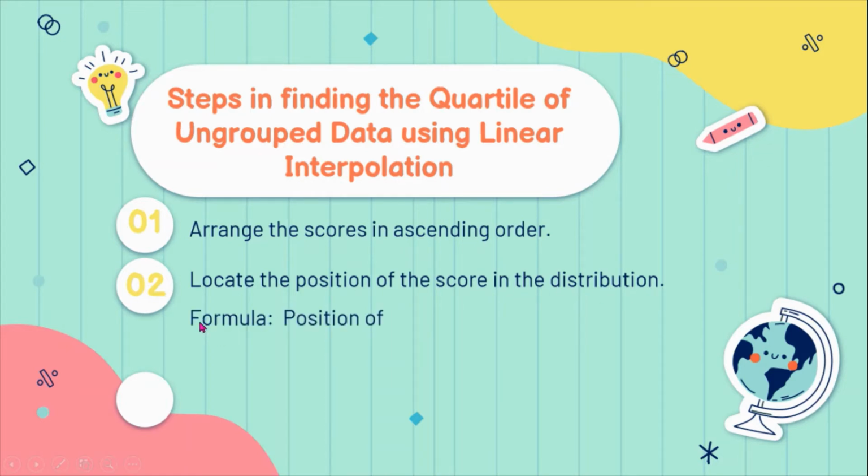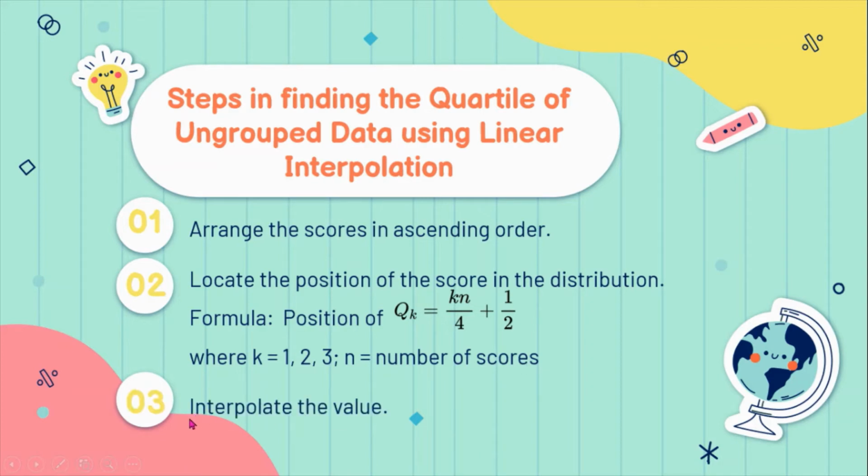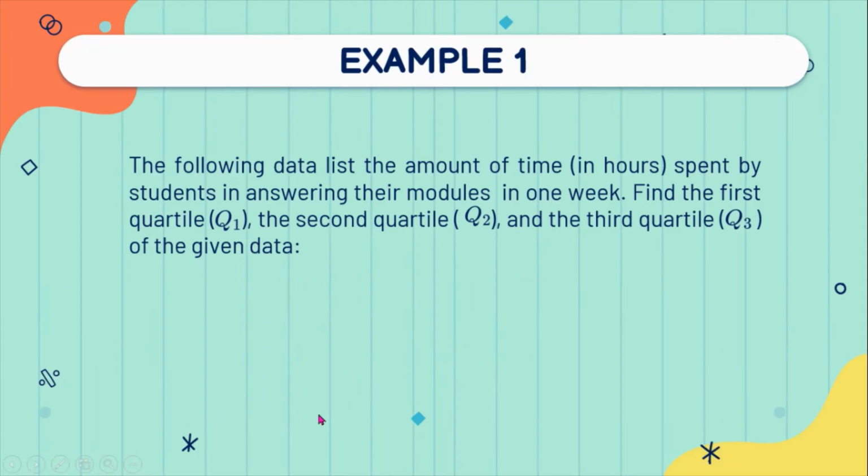We have here a formula: the position of the quartile is equal to Kn over 4 plus 1 half, where K is equal to 1 if you are looking for the first quartile, 2 for the second quartile, and 3 for the third quartile. And n is the number of scores. And the last, interpolate the value. Later you will see the steps on how to interpolate the value.